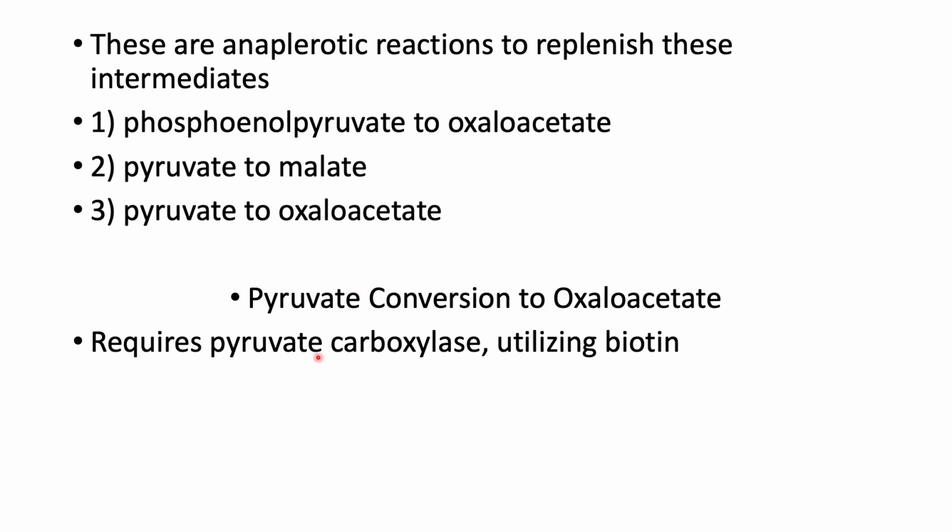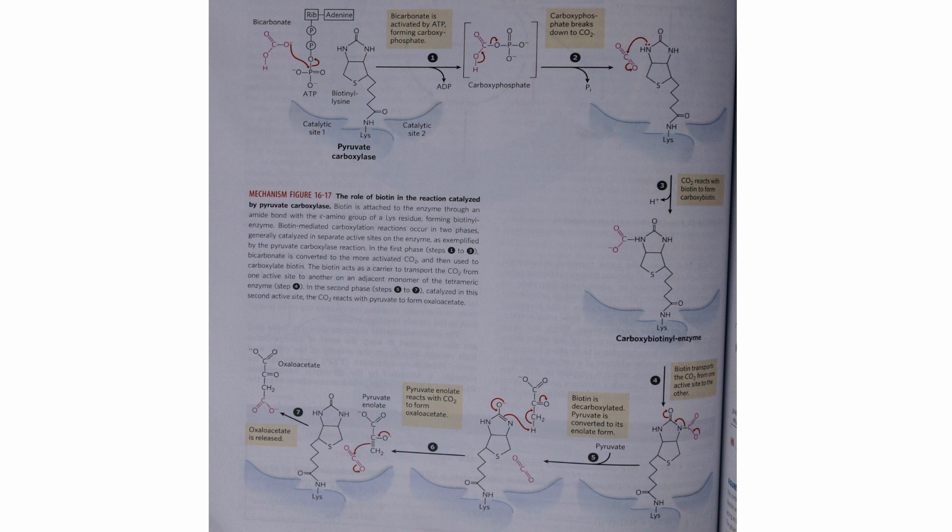It requires pyruvate carboxylase, which utilizes biotin. And I will show that in this slide right here. Okay, so this is the reaction that shows biotin's use in the reaction, which is characterized by a pyruvate carboxylase.